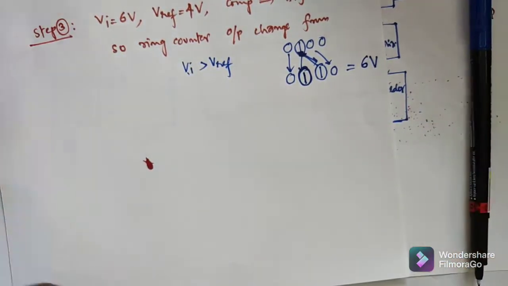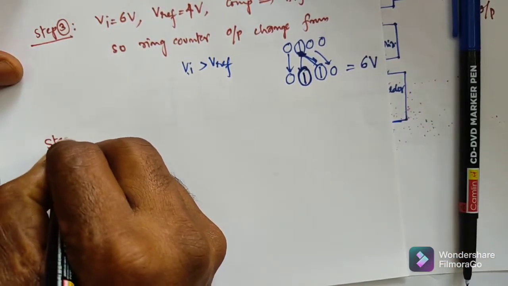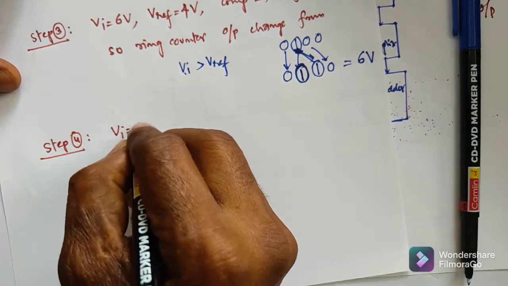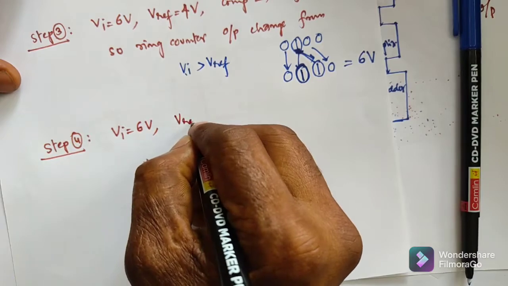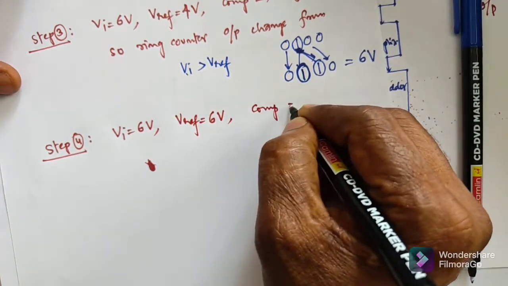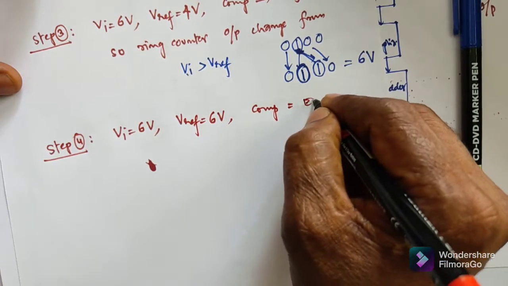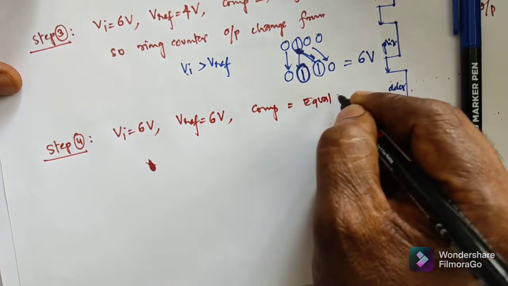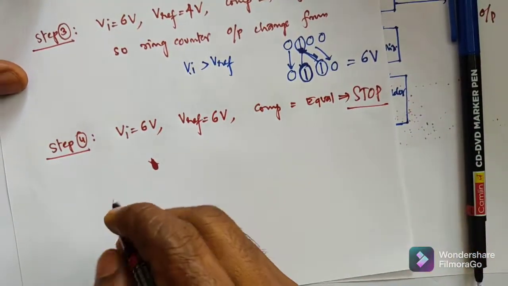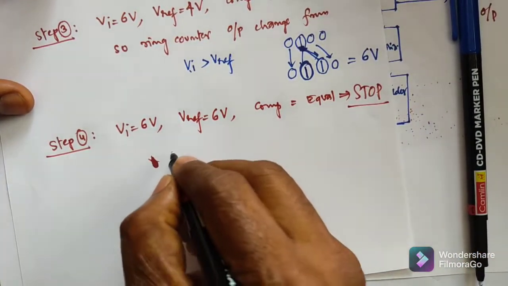So what is the operation for step 4? If the VA value is 6 volts and the V reference is also 6 volts, then the comparator output is equal. Equal indicates stop the process. So that is the ring counter output.